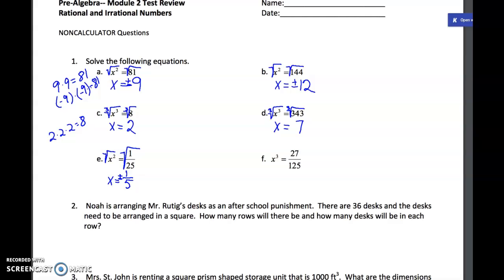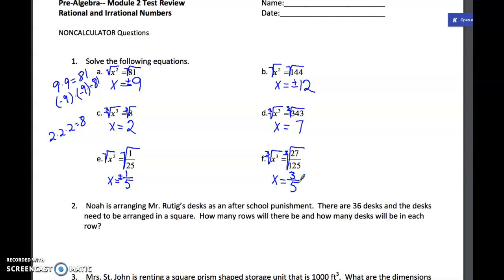Then we do F, we've got to do the cube root of x cubed, and we have to do the cube root of the other side. X equals cube root of 27 is 3. Cube root of 125 is 5. So x equals 3/5.